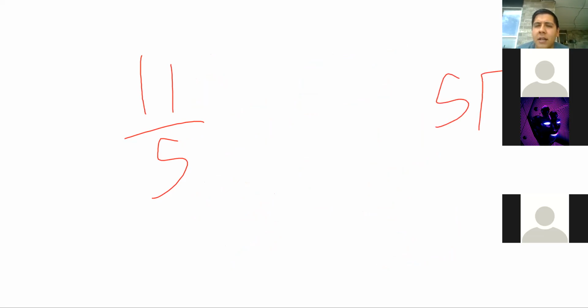Remember we learned this last week? So how many times does 5 go into 11? Twice. Exactly, 2 times. So that means 5 times 2 is 10, and we have 1 left over, okay? So knowing that, how would we write this as a mixed number?